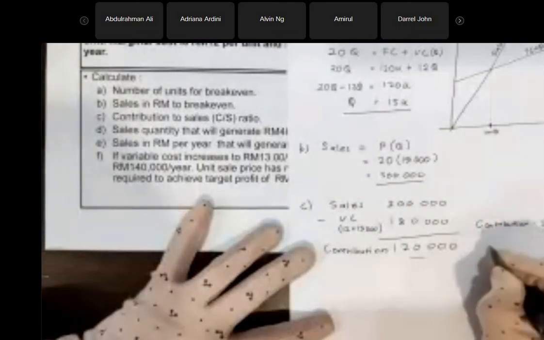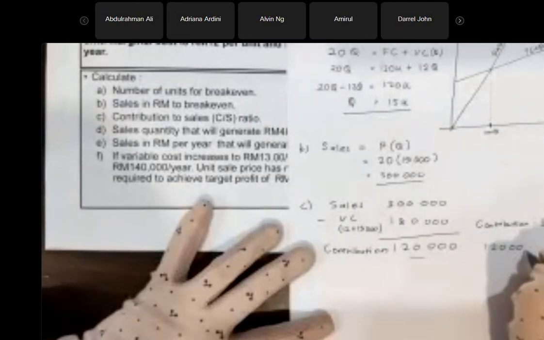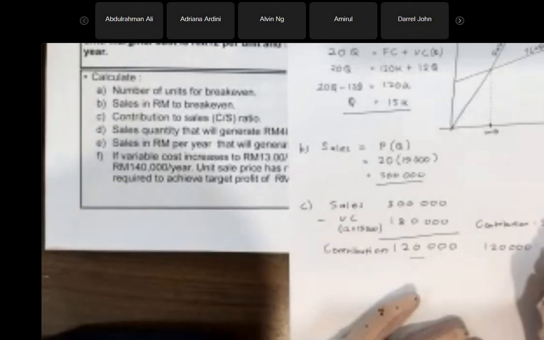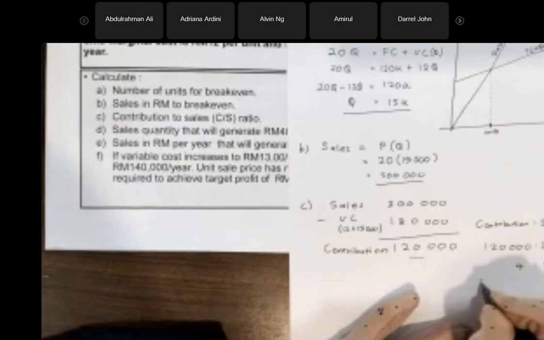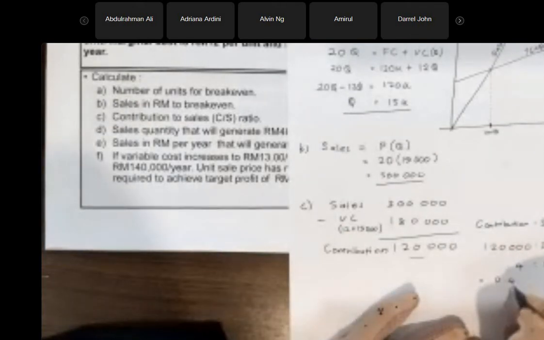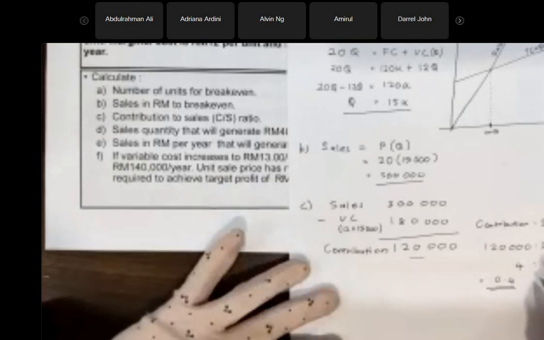So you have the contribution is 120,000, and then the sales is 300,000. So you get 4/10, or if just as a number, 0.4. And if the question asks you for a ratio, then it is 4/10.